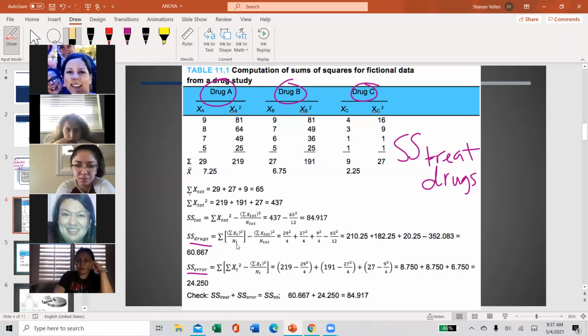So if you see here, they're taking the sum of x for this first group right here, this 29, they're going to square it, and then they're taking the n for that group, which is 4, okay? And then they're going to add it up and do it for the second group. They're taking that 27, squaring it and dividing by n, 4, and then they do it for the last group, okay?